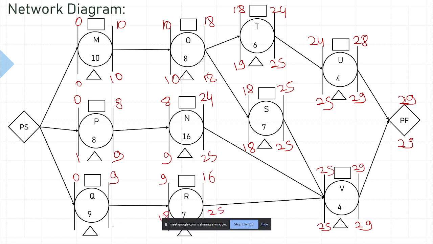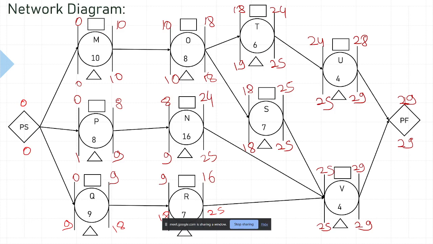For this, then it would be 18, 18, 9. 18 and 9. What about PS then? This was 0. What will this be? This will also be 0.